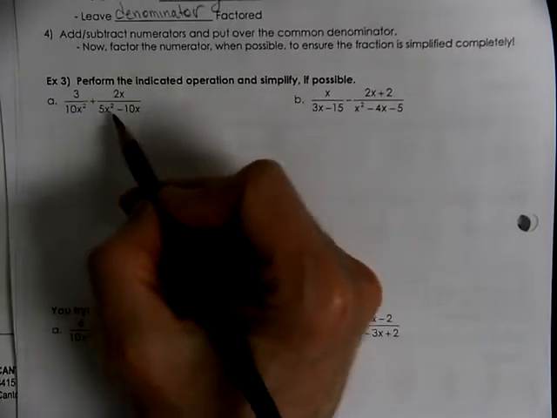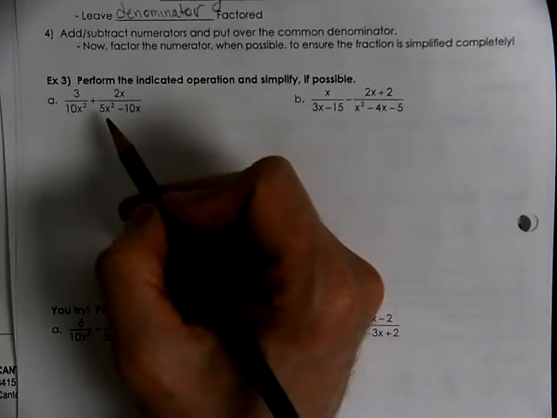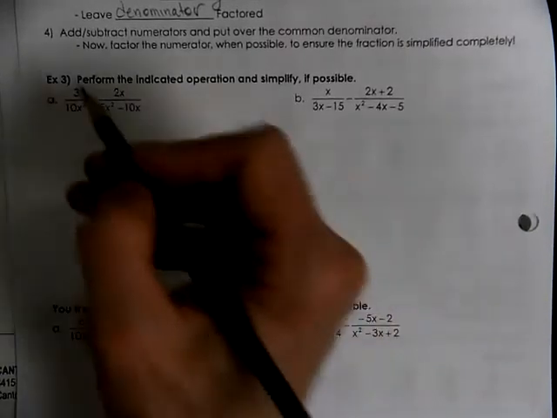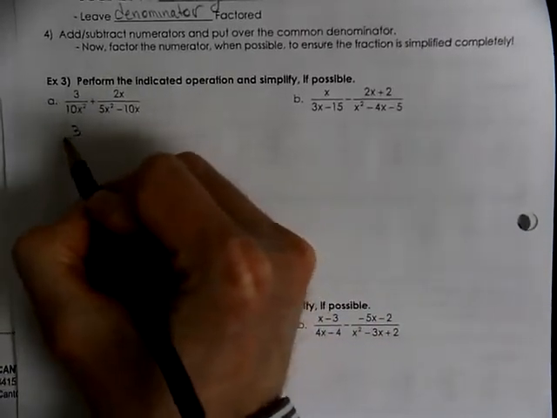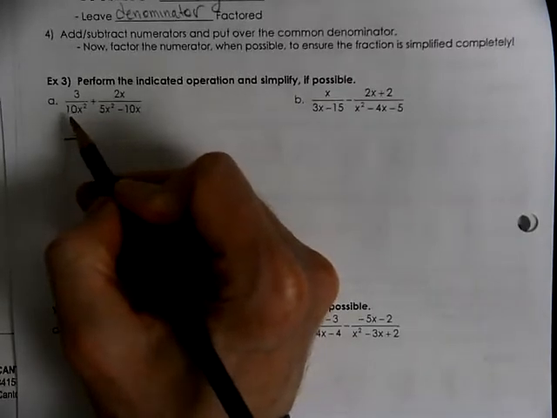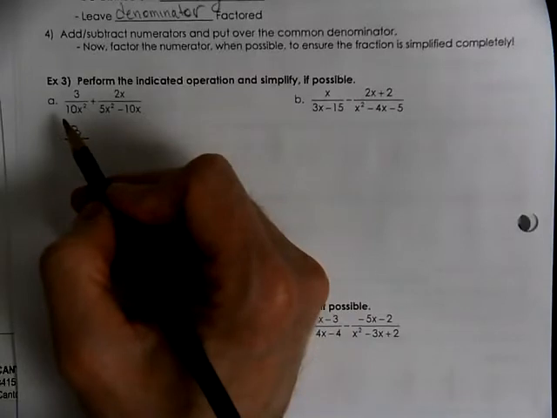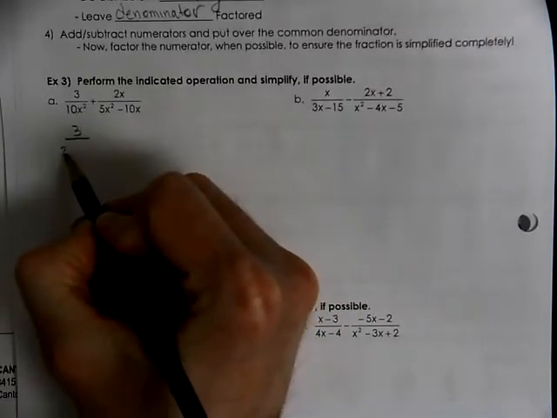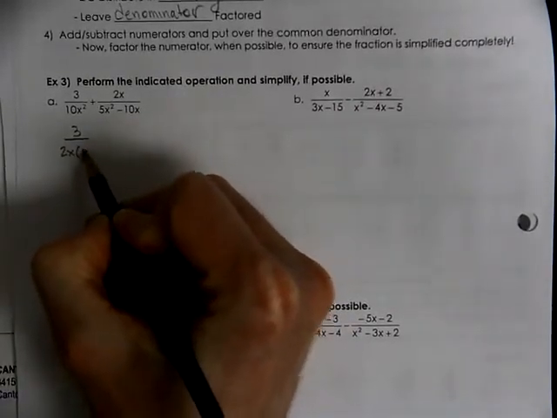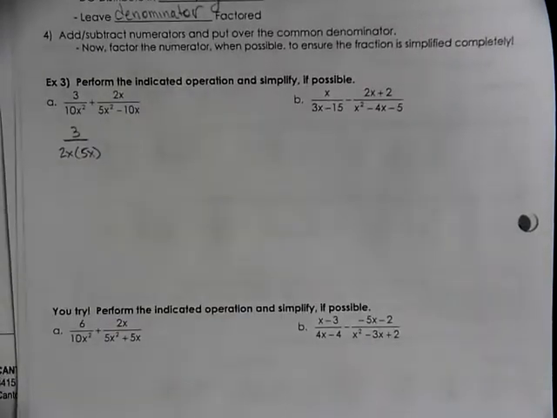So notice our denominators are not the same. So I'm going to factor apart. I'm going to break apart my 10x. What can 10x be broken into? Can be broken into a 2x and a 5x. A 2 and a 5.